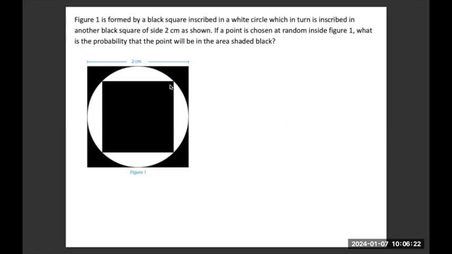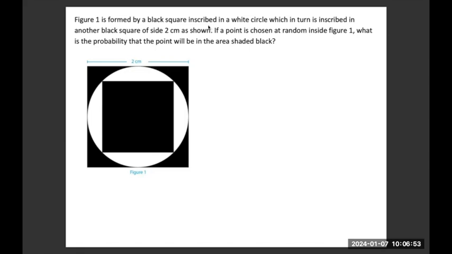You have to find the probability of the point to be in the black shaded area. You don't have to find a point. It's written here, right? What is the probability that any point, if chosen, will be in the black shaded area? No, I'll just explain, I'll just solve it. You just be there, okay?